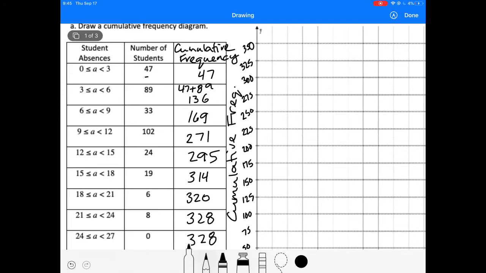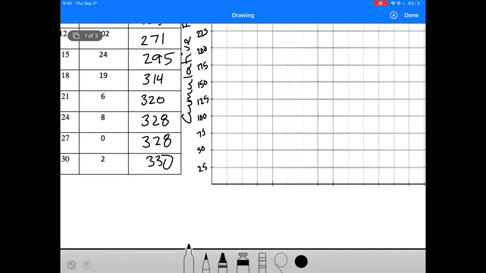And then on our x-axis, this is going to be our student absences. And then I'm going to go up by 3s here. 15, 18, 21, 24, 27, and then 30.